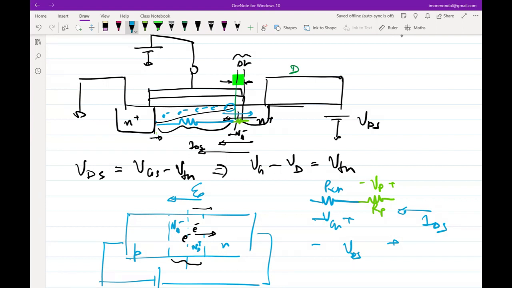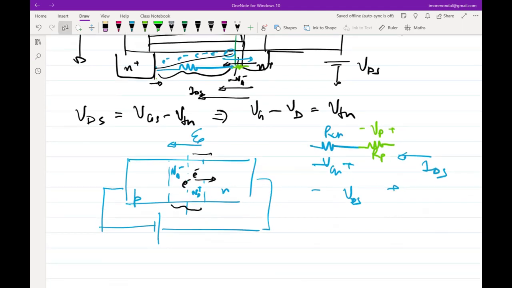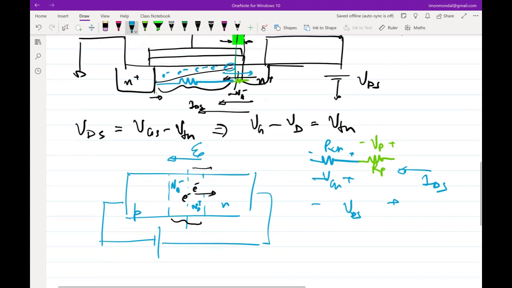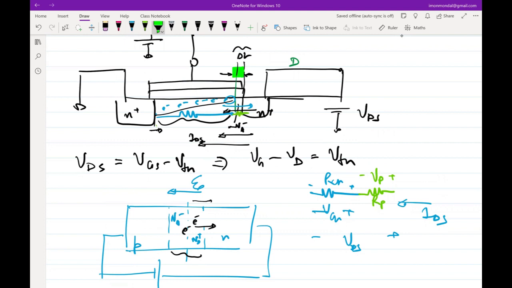Do you agree? If you agree with that, then it becomes very easy to understand that the current will remain constant, because ultimately what is determining the current through the MOSFET is the voltage difference across the sheet of charge, and the sheet of charge is giving you this RCH. If the voltage difference across the sheet of charge doesn't change, then the current remains constant.